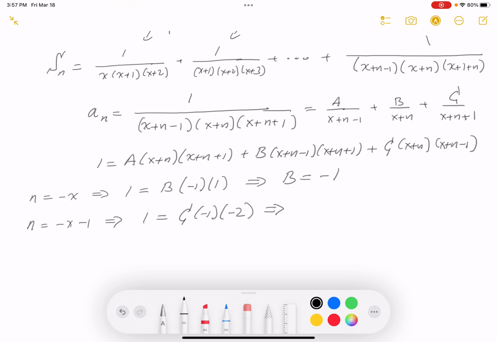So that means the C is going to be 1/2. All right? Got to keep moving, don't I?